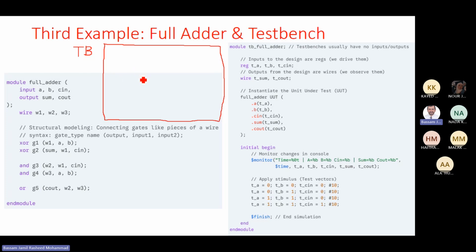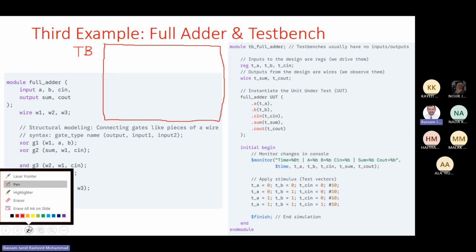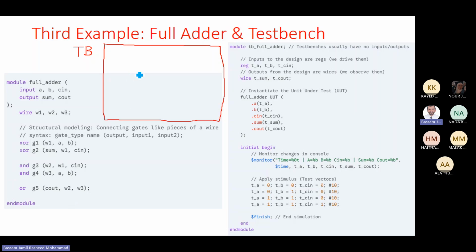And then we're going to instantiate our design here. This is the adder inside the test bench, right? This is our design. Typically, we refer to these generically as design under test, or DUT. And then typically you have inputs that go inside the DUT, and you have outputs that leave the DUT.